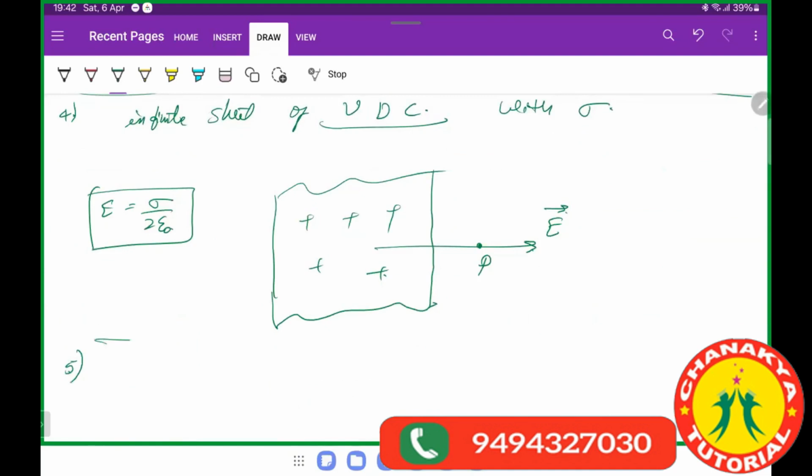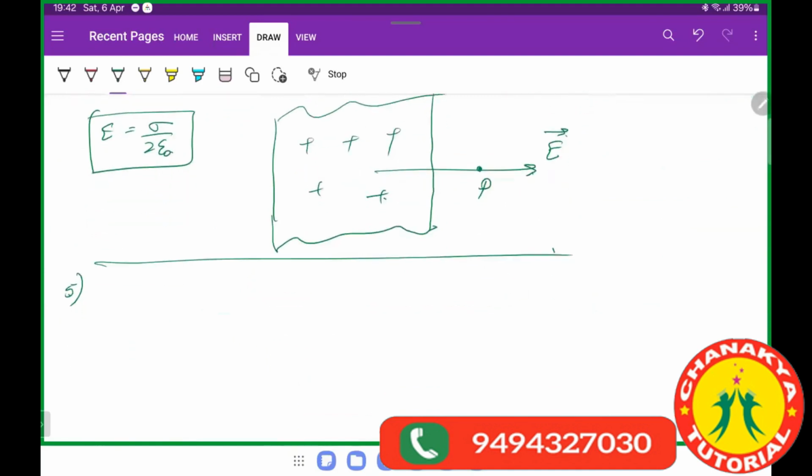Now the fifth one is much simpler than that. Here we will take linear charge density because we are going to do a line.